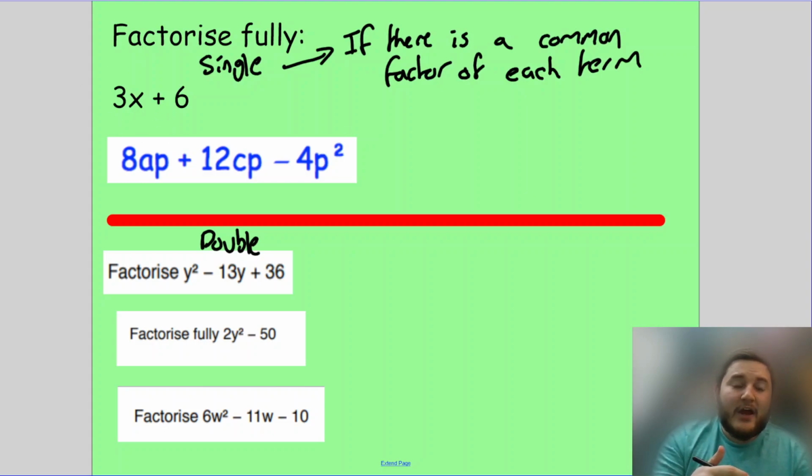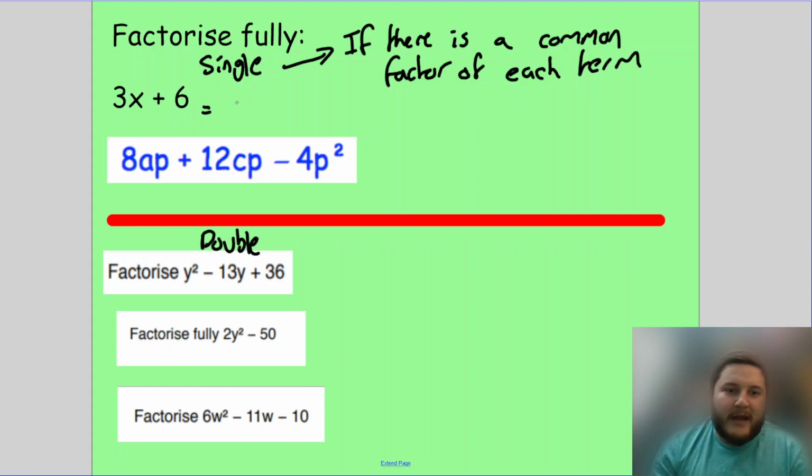Is there a number or a letter that is a factor of each of these terms? You might say, and this is kind of dodgy language, that it goes into each of these terms. Well, there is. It's 3, because 3 goes into 3x and 3 goes into 6. So 3 is a factor of both 3x and 6. That's why we call it factorisation, we're going to pull that factor out of those terms.